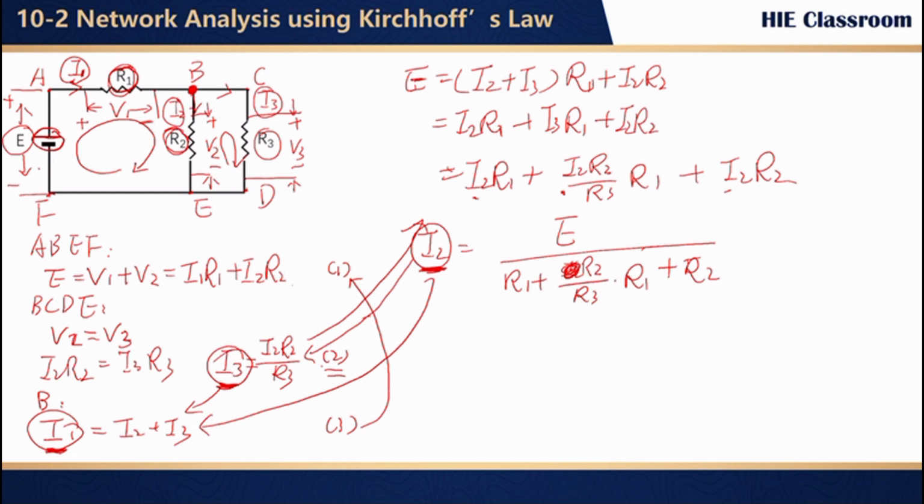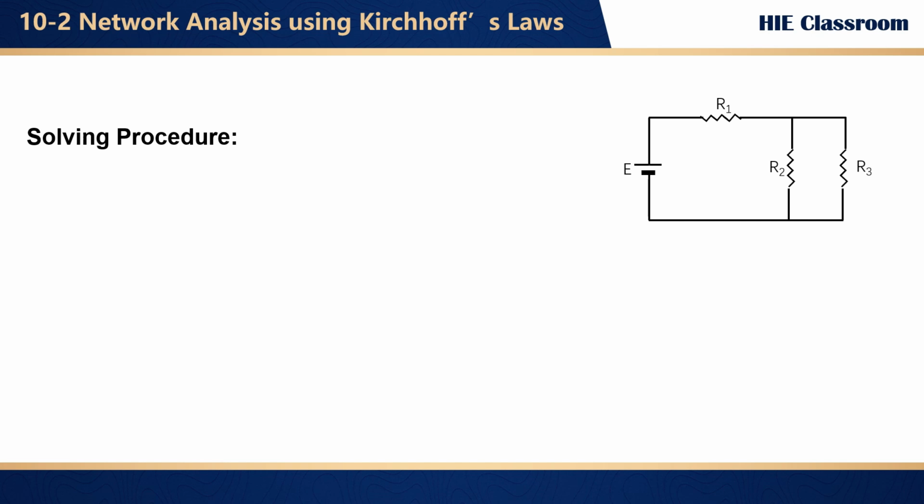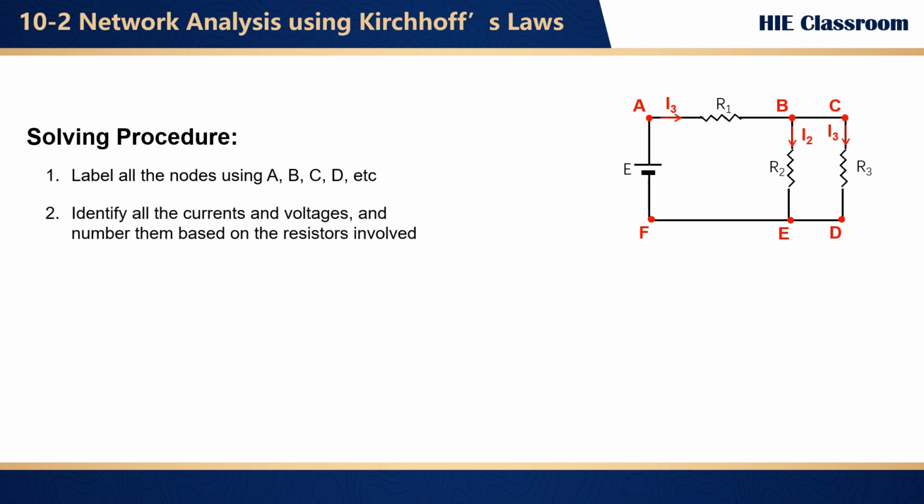Alright, let's walk through how to solve circuits using Kirchhoff's law step by step. Super simple. First, we label all the nodes, the spots where wires connect, with letters like A, B, C, D, and so on. Next, we figure out all the currents and the voltages, giving them numbers based on the resistors they are tied to.